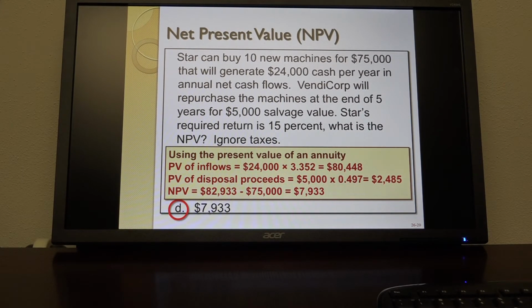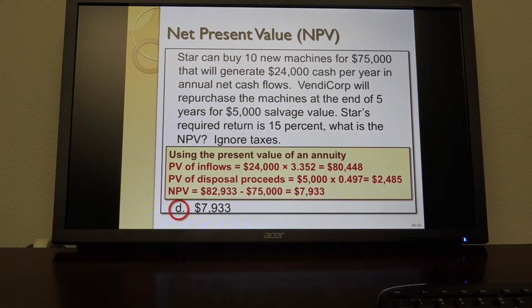And if you look at page 1121, Exhibit 26-4, up at the top, in the left-hand corner, it says number of periods, and then it says discount rate. Under discount rate, almost at the very right, you'll see 15%. That is your required rate of return for this company. And if you go down, notice number of periods, 1, 2, 3, 4, 5 down the left-hand column.